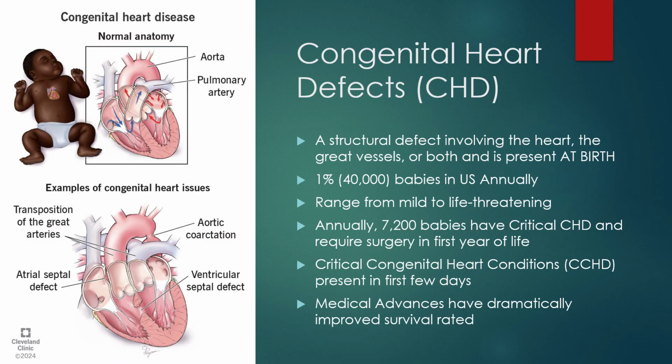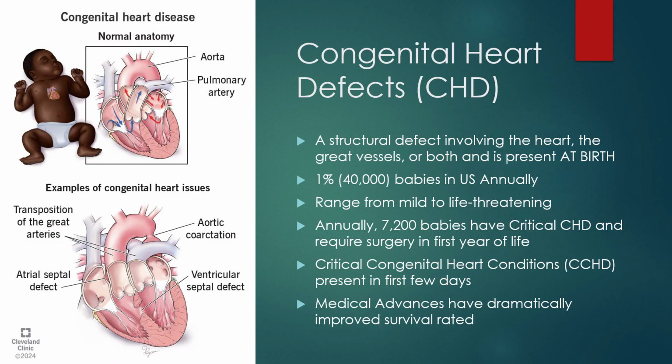So I want to talk about one acquired condition that we will all see no matter where we work as a nurse. I've seen multiple patients come in pregnant with these conditions, and I've also seen multiple babies born with these conditions. So congenital heart defects are structural defects that involve the heart, the great vessels, or both, and the defect is present at birth.